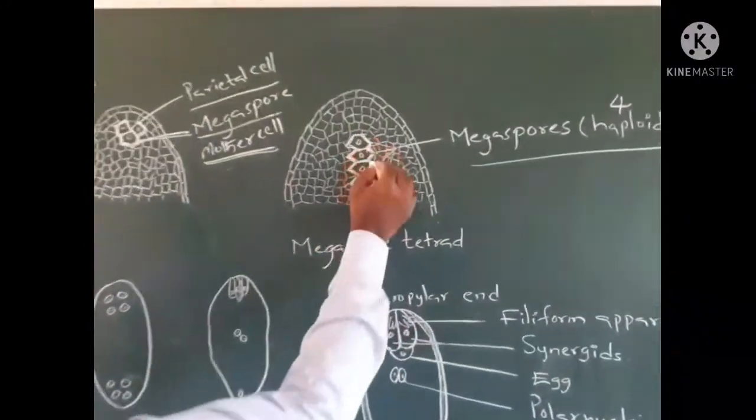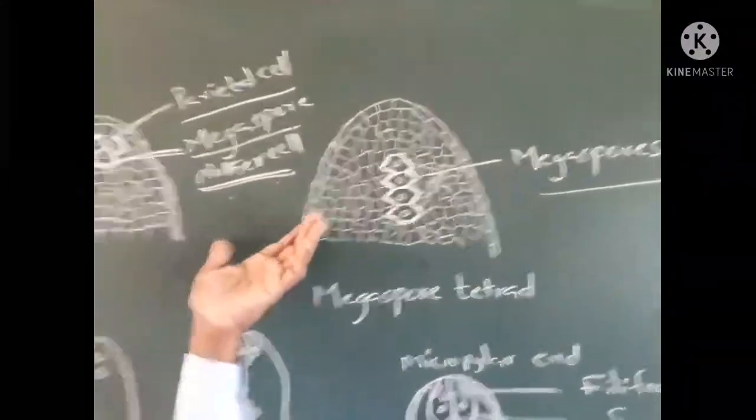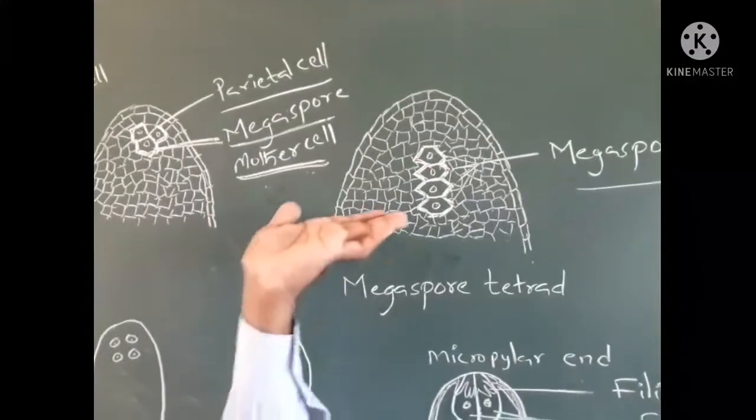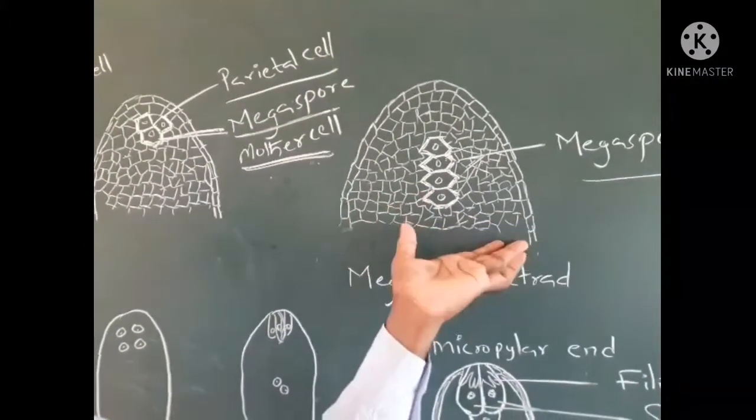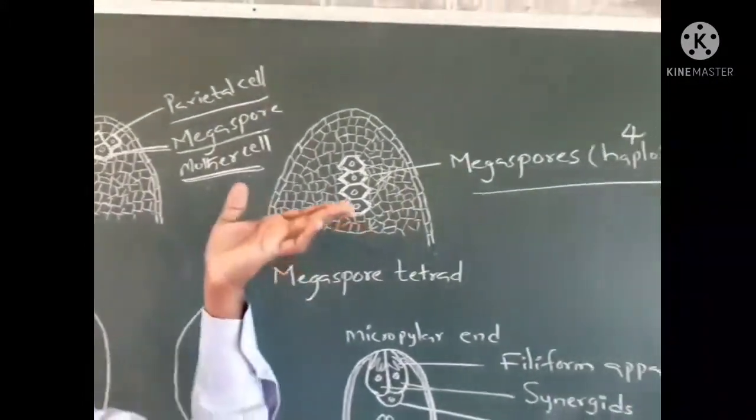See here, 1, 2, 3, 4. The megaspore mother cell undergoes meiotic division and forms four haploid cells. This is called megasporogenesis.